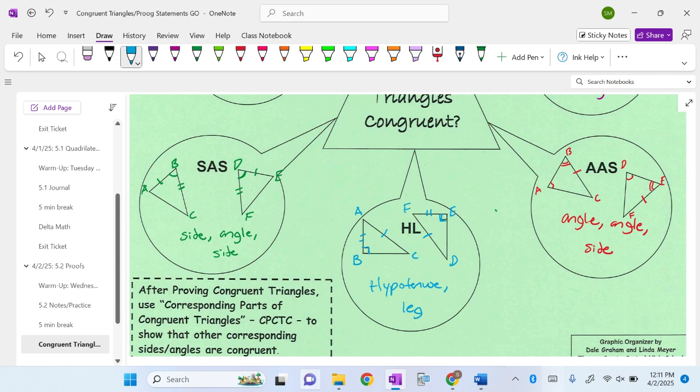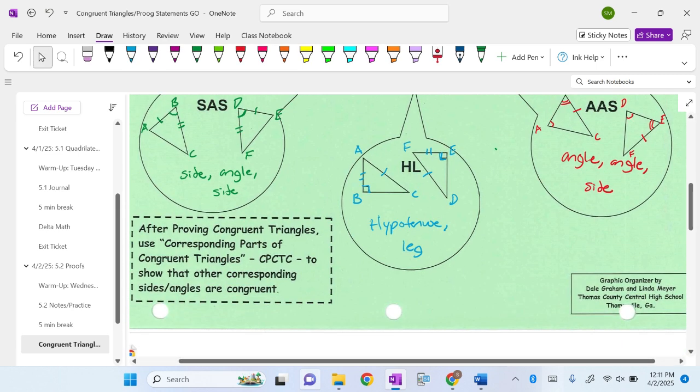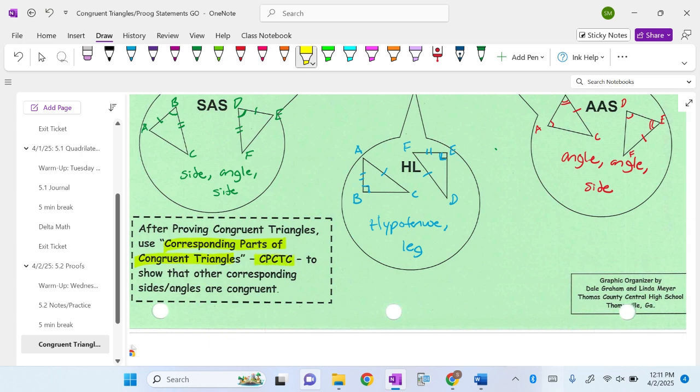All right. Now, one other thing is that after proving congruent triangles, we use corresponding parts of congruent triangles, CPCTC, to show that other corresponding sides and angles are congruent. So this more so becomes part of proofs.